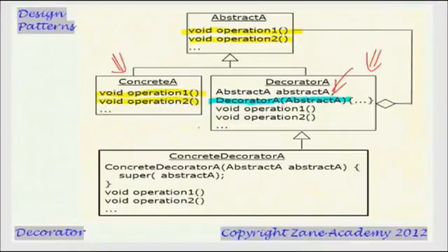So we pass Decorator A an abstract A, which would actually be an instance of concrete A, and we would have the same methods, operation 1 and operation 2.